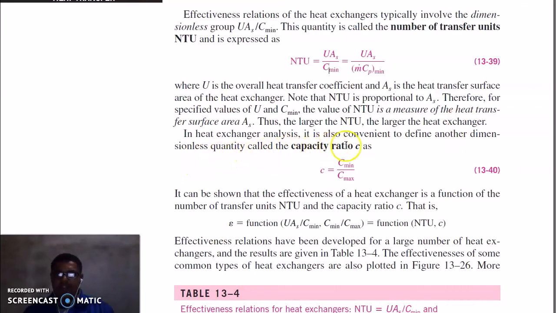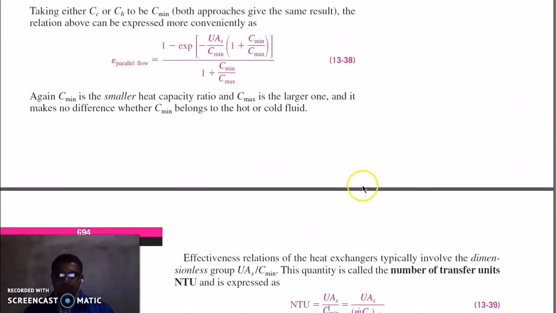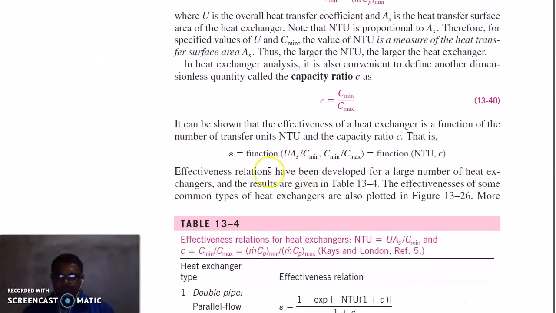Now in heat exchanger analysis, it is also convenient to define another dimensionless quantity called the capacity ratio c, as c equal to C minimum over C maximum. So this you can represent by c. So rearranging, the effectiveness is a function of U A_s over C minimum, and C minimum to C maximum, or it is a function of the number of transfer units, which is this, and this capacity ratio.